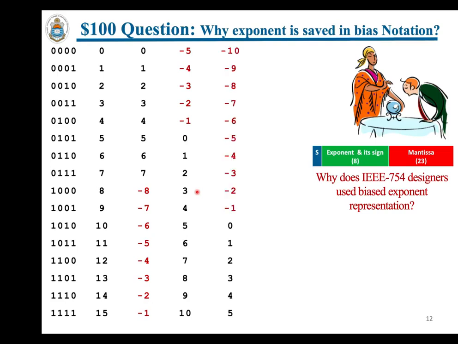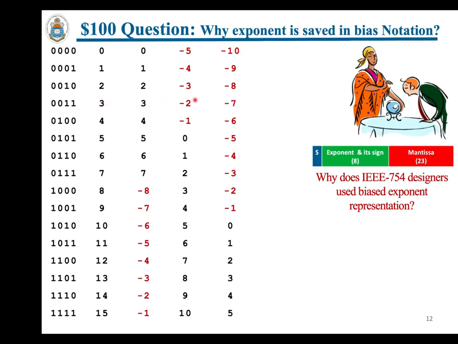Well, another possible bias in this scenario is bias 10. Over here, to go from the true exponent to the biased exponent, you add 10. So you add 10 to 0, you go to 10; you add 10 to minus 7, and you move to 3. And similarly, from the biased exponent to the true exponent, you subtract 10.